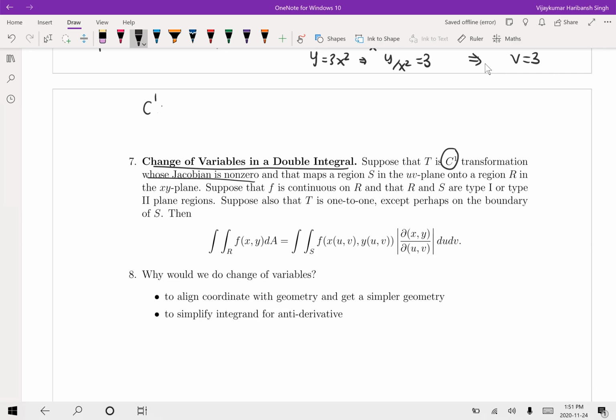And the map T maps S from the uv plane onto region R in the xy plane. Suppose f is continuous on R, and R and S are type 1 or type 2 regions, right? Or x first or y first regions.